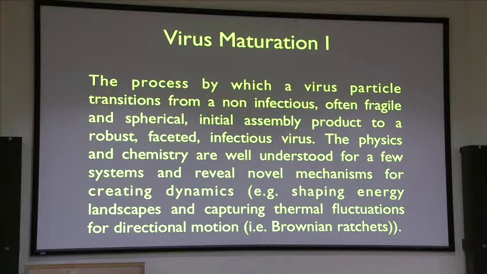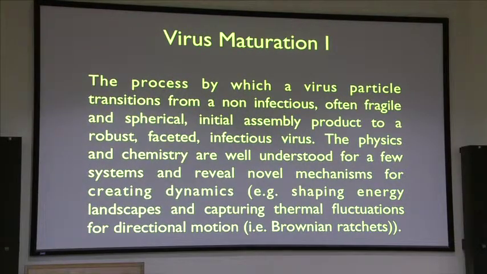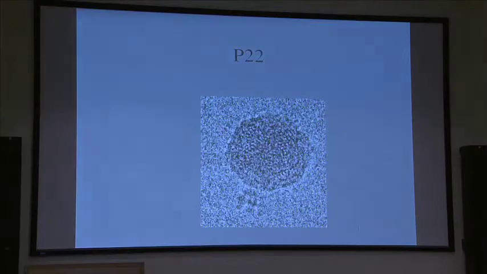The physics and chemistry are well understood for a few systems and reveal some really interesting mechanisms for creating dynamics, shaping energy landscapes, and capturing thermal fluctuations for directional motion through Brownian ratchets. I'm going to give two little vignettes.